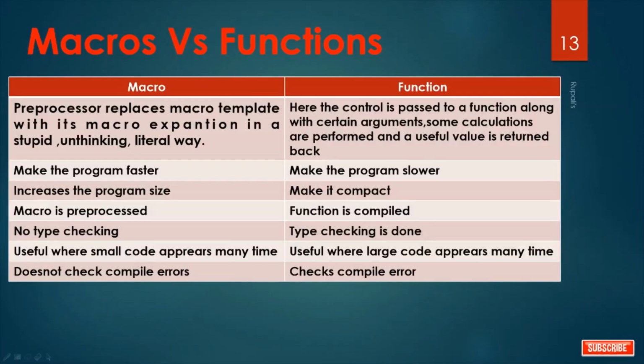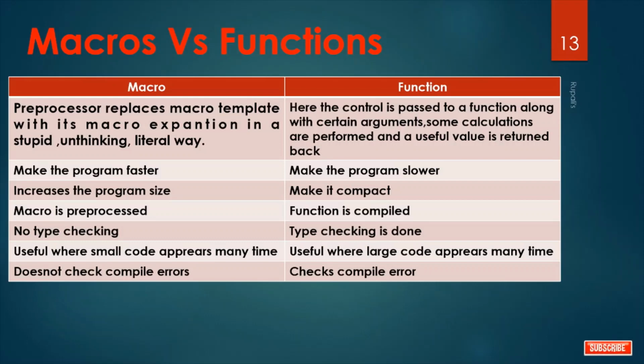Now the difference between macros and functions. Macro, that is the preprocessor, replaces the macro template with its macro expansion in a stupid, unthinking, literal way. But in case of function, the control is passed to a function along with certain arguments, some calculations are performed there, and a useful value is returned back.